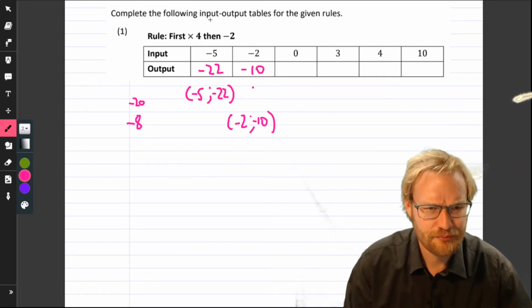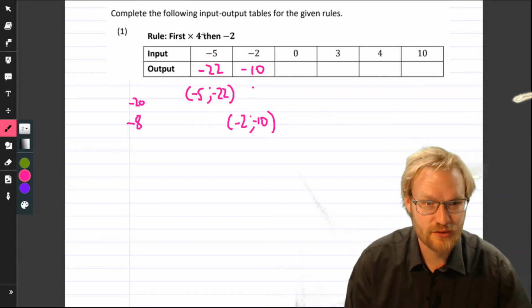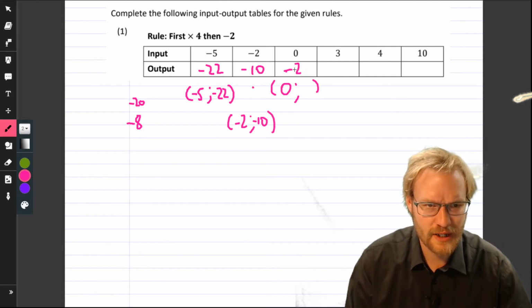0. First multiply by 4. Cool, 0, because anything times 0 is 0. So 0 times 4 is 0, minus 2 is -2. Brackets, comma, input x is first, that was 0. Output y is second, -2.